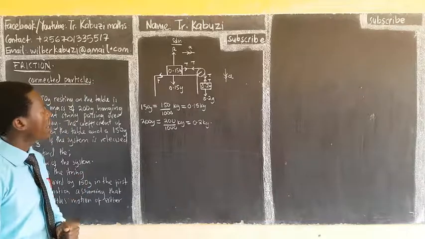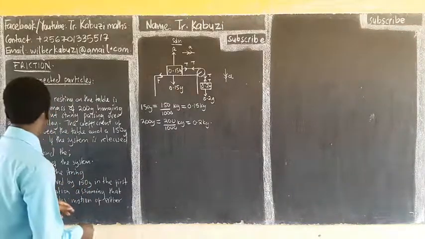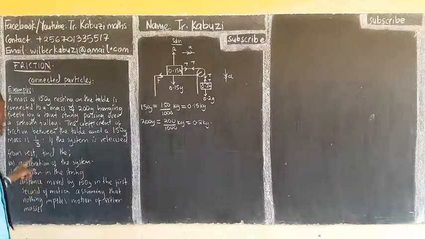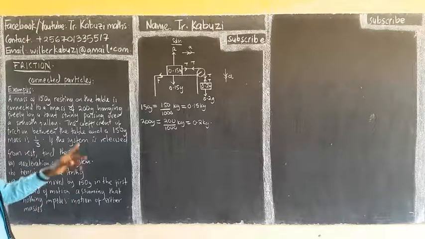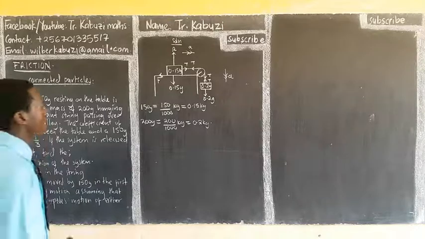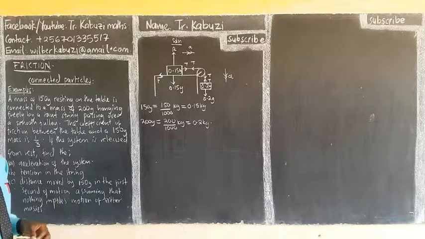Okay, so in part A, I think we have finished the sketching. Part A asks for the acceleration of the system. Remember, the system is released from rest, so our initial speed U is going to be 0. Can we get the distance?